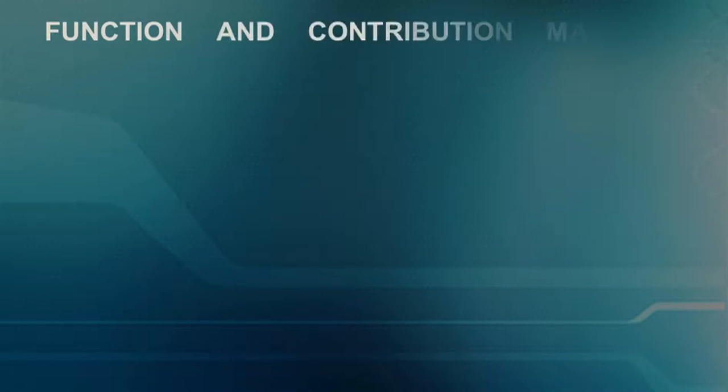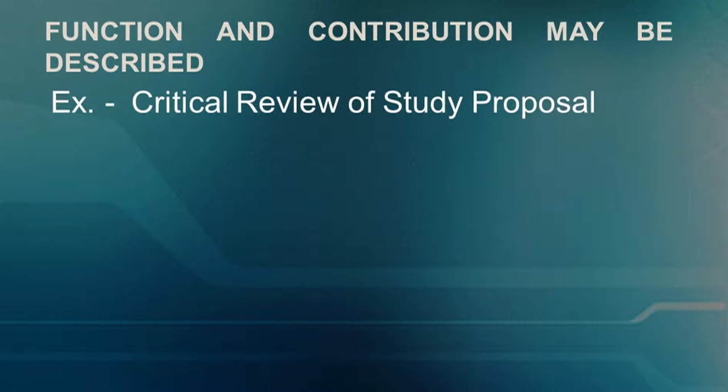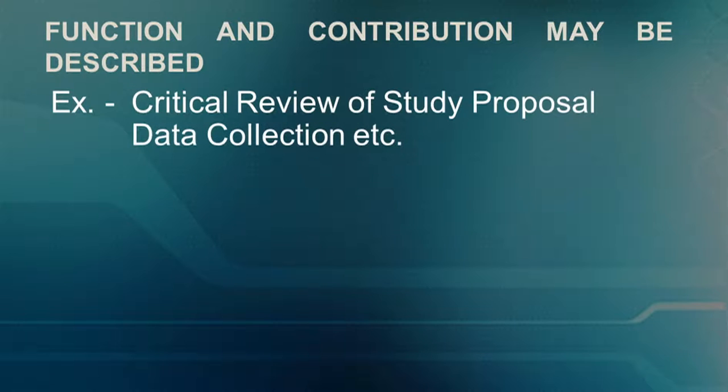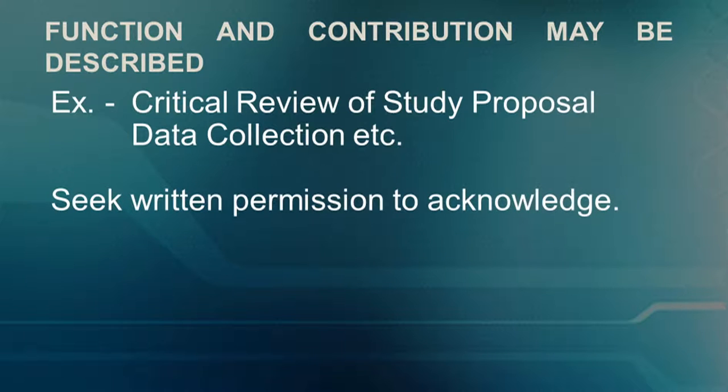Function and contributions may be described, for example, somebody has critically looked at the study proposal or has helped you in data collection. But remember, even if you are acknowledging somebody, you have to take permission, because somebody may then say that I was not consulted when my name was acknowledged in a particular manuscript.